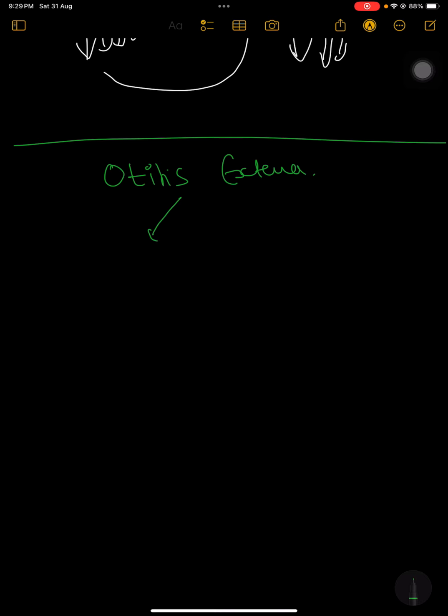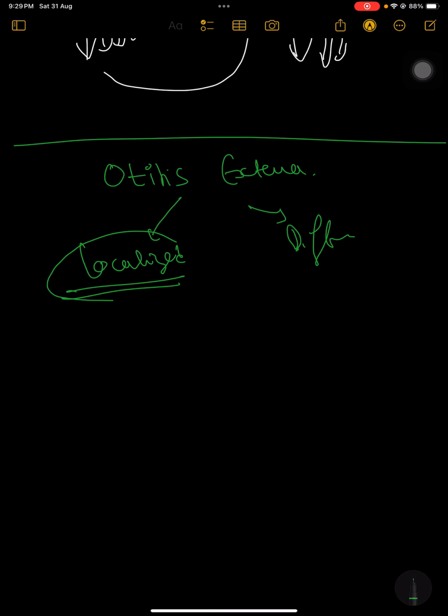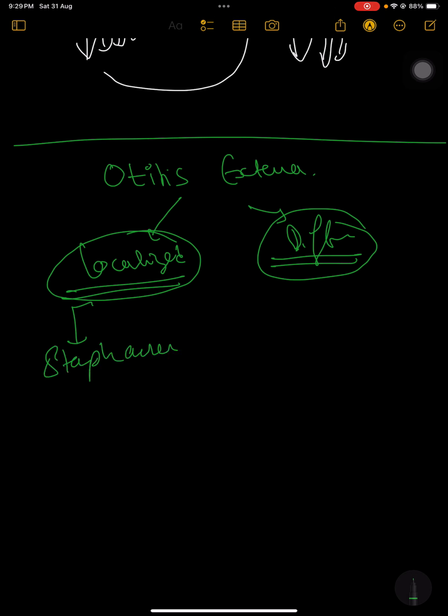Okay, now let's move on to the next topic, very very important: otitis externa. Let's talk about localized and diffuse. What is otitis externa? Otitis externa is a disease of the external ear. Localized otitis externa is caused by Staphylococcus aureus and diffuse otitis externa is caused by Pseudomonas.